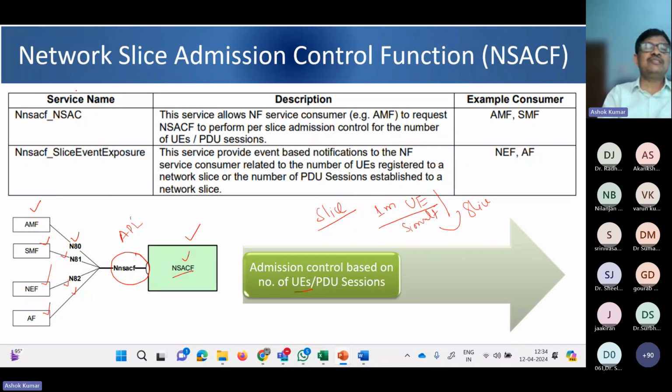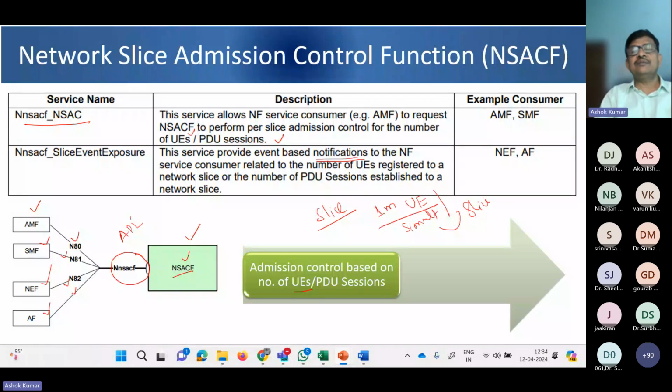So for example, if you see this service, it allows a service consumer, say AMF, to request to perform per slice admission control for the number of UEs and the number of PDU sessions. And similarly, there is a notification also.